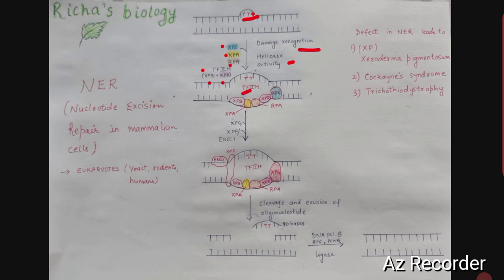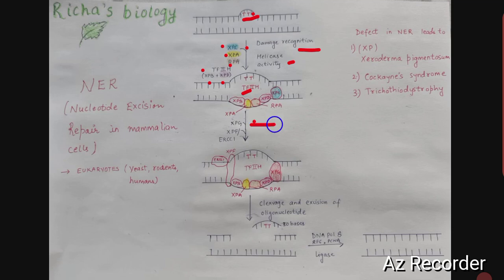Now basically the damage is recognized, right? The DNA damage, that is thymine dimer, is recognized by XPC first, followed by binding of XPA, RPA and TF2H, right? Next, after this, what will happen?